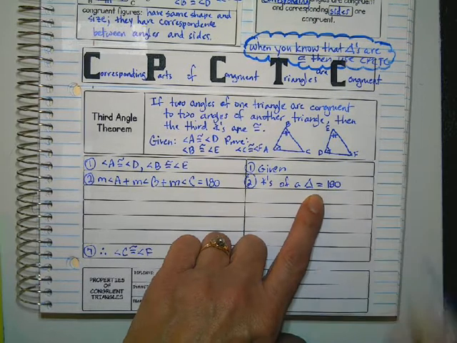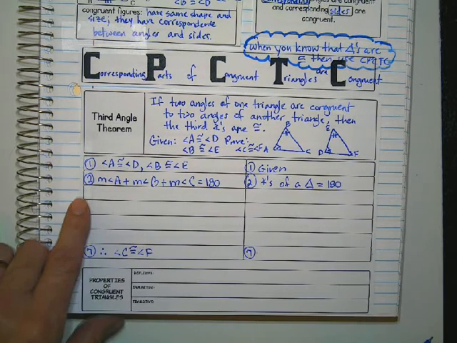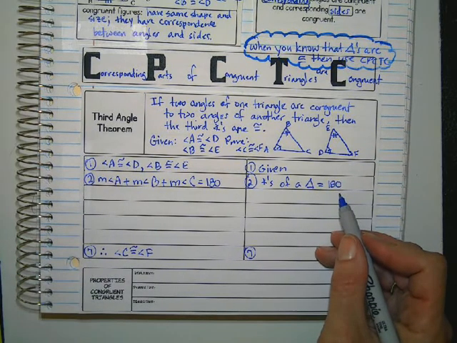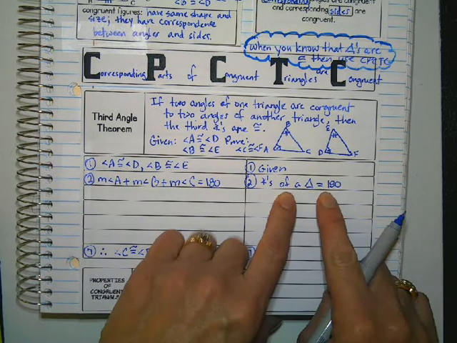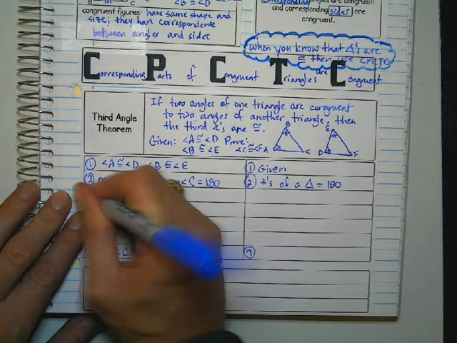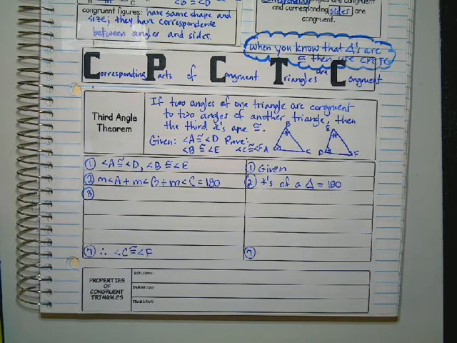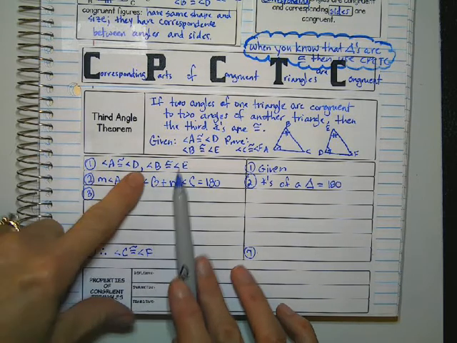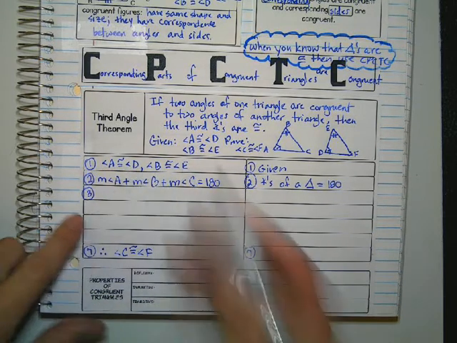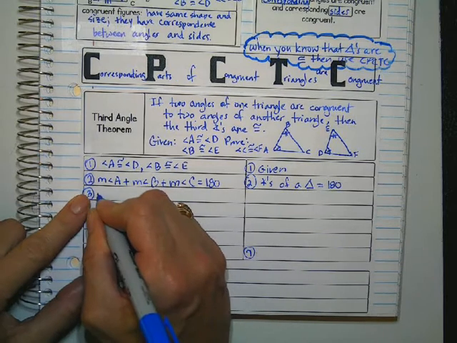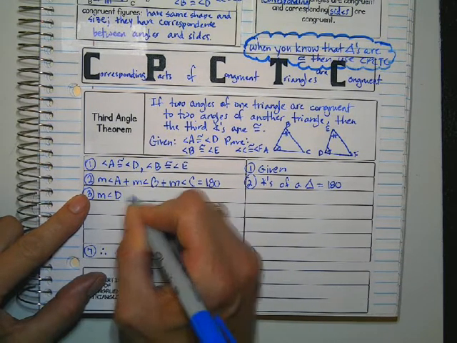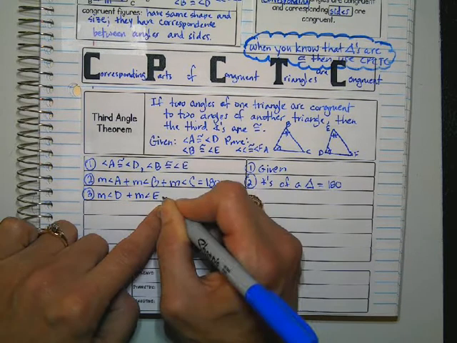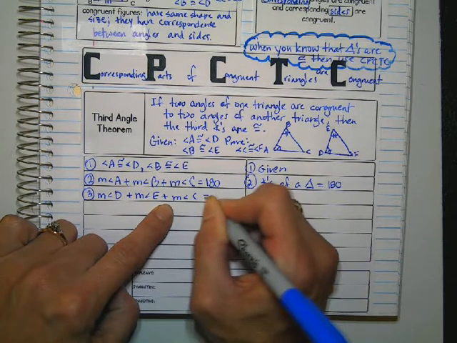Then step 3, since we know that A and B are equal to D and E, respectively, then in place of the A, we can put in a D, and in place of the B, we can put in an E. And that's just a little substitution. So now that we've got D, E, and C, what we can do is think about the triangle on the other side.